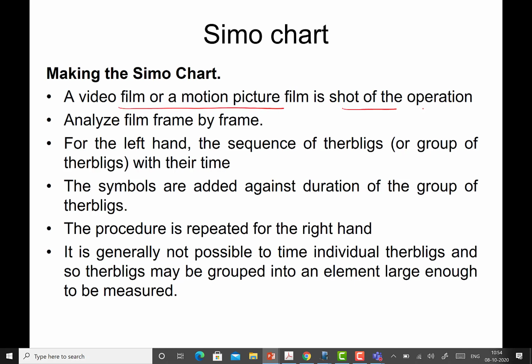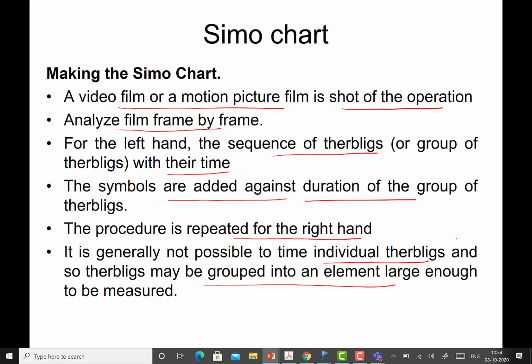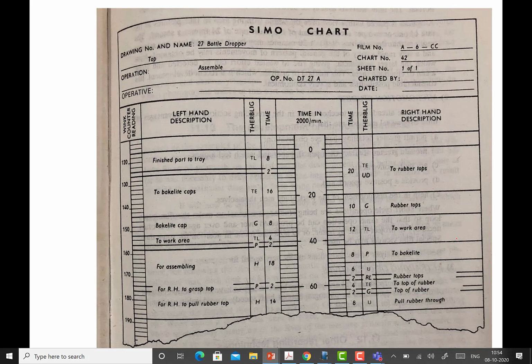The film of the operation is made, then the film is analyzed frame by frame, and what things are being done by the left hand, with their time, is identified. Their symbols and duration are added, and then the procedure is repeated for the right hand. Generally it is not possible to time the individual therbligs, so groups of therbligs are used. So 2 or 3 therbligs are clubbed together.